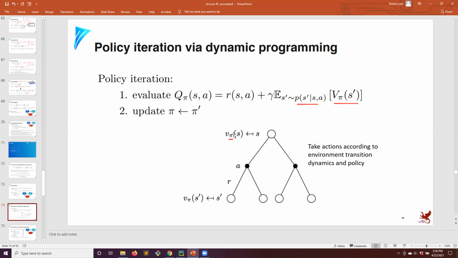Because from the value function, we can compute the Q function. Remember that if we integrate over all of the actions of the Q function, then we get the value function. So there's a relationship there. And we are taking actions according to this policy.